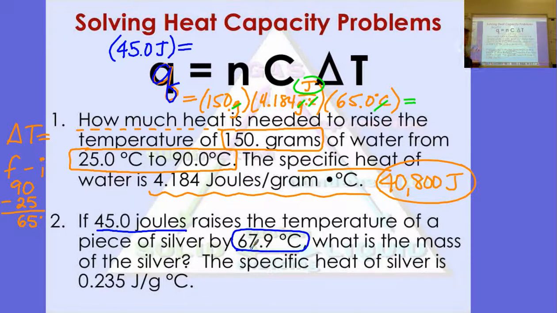Now my subtraction's already been done for me. I don't have to do final minus initial. 67.9 degrees Celsius is my delta T. That's my change in temperature.